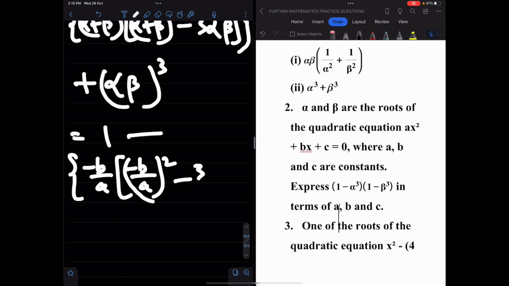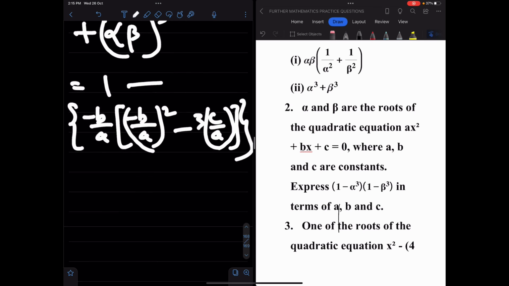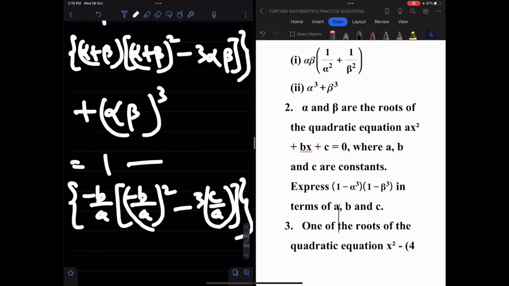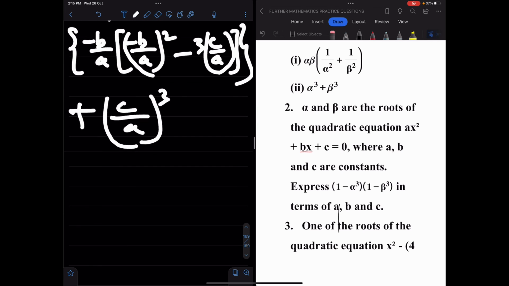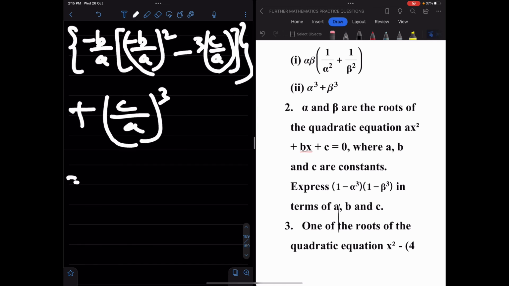Close the bracket with this: 3 times c over a, which is 3 alpha beta, plus the cube of alpha beta, that's the cube of c over a. Now where do we go from there?